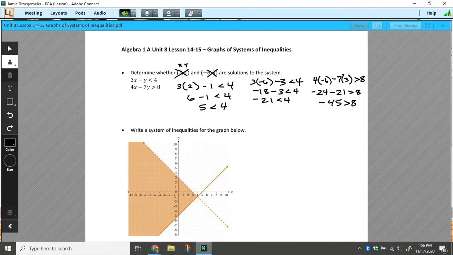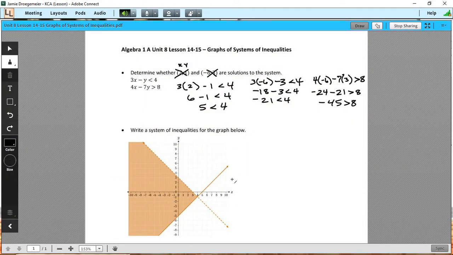Let's take a look at our next example. This one, they've given us a graph, and they've asked us to write a system of inequalities for that graph. Thinking back to how we write these inequalities, we can use our slope-intercept form. For this one here, we have a y-intercept of 3, and we would have a slope.